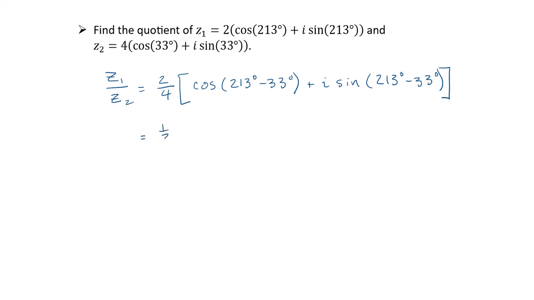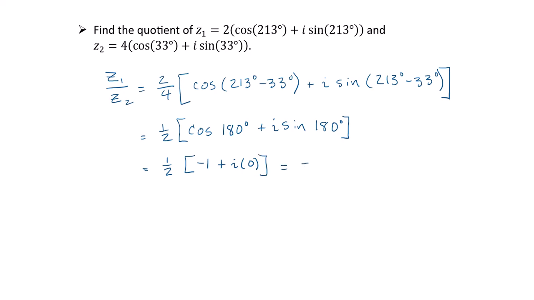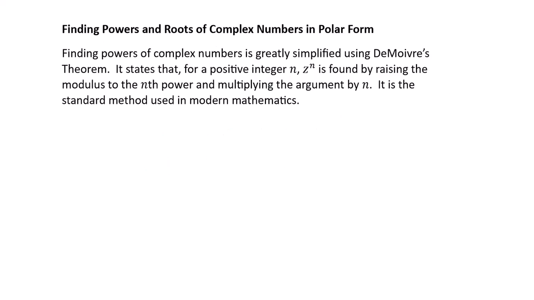This simplifies to 1/2 times the cosine of 180 degrees plus i sine of 180 degrees. This is 1/2 times negative 1 plus i times 0, so that gives us just negative 1/2.